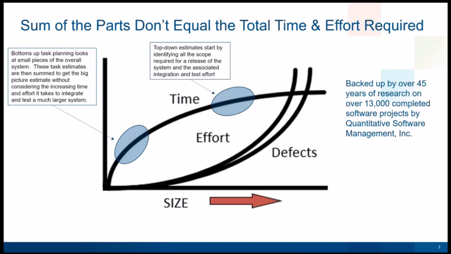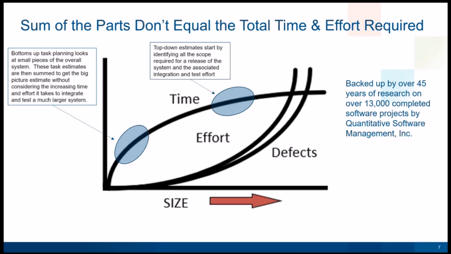If I took a fairly recent sample of data out of the QSM historical database and did regression fits through schedule versus size, effort versus size, and defects versus size, and plotted those curve fits on a set of linear axes, these would be the curves that you would see.